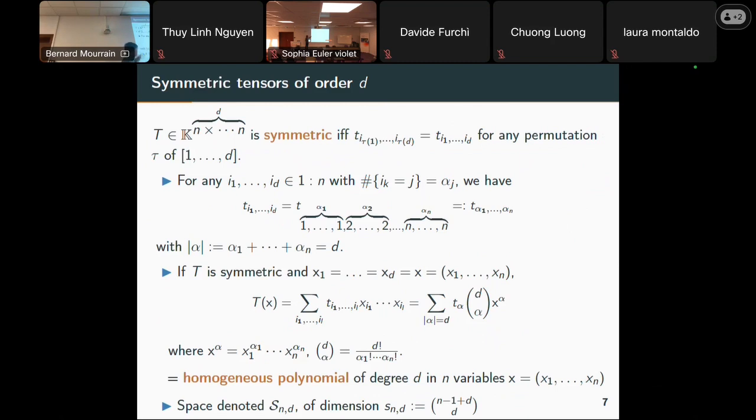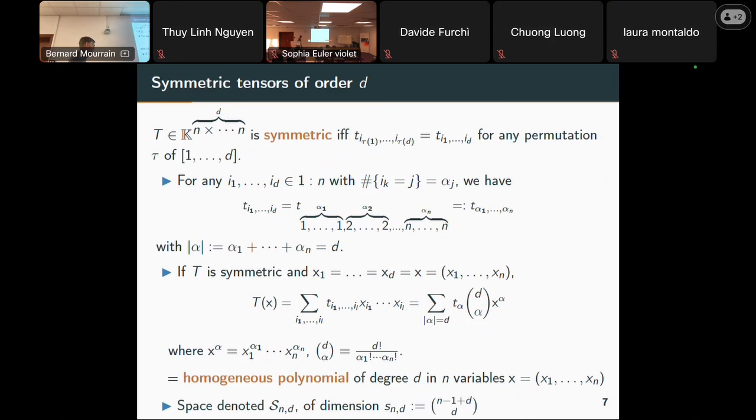We use a multi-index notation. And so the symmetric tensor is also a polynomial in the variables x1, ..., xn, which is homogeneous of degree d, which is the order of the tensor.